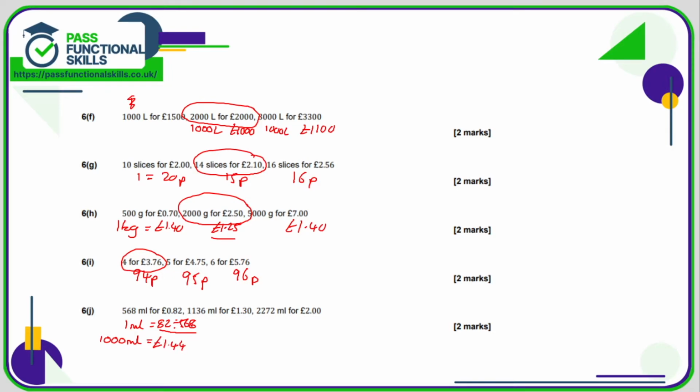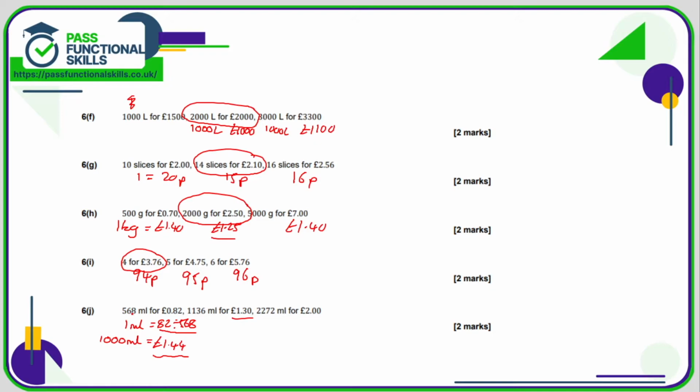You can, if you want, look at the answer to 82 divided by 568, but you just get a very, very small decimal, and what's the point in looking at it when all you're going to be doing is multiplying it by 1000? The answer here is kind of meaningless. You're only interested in this value here. So I'm going to do exactly the same thing for this question here, following the same method. So £1.30 is for 1136.